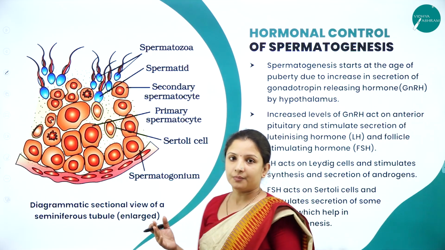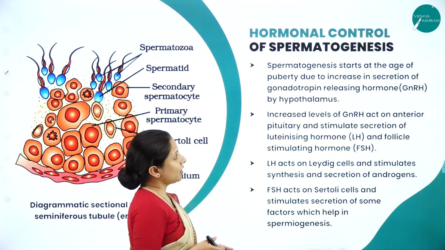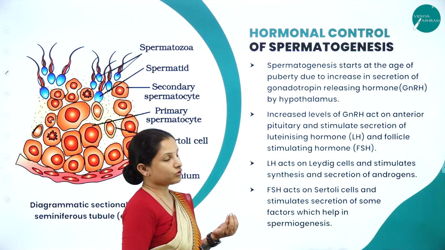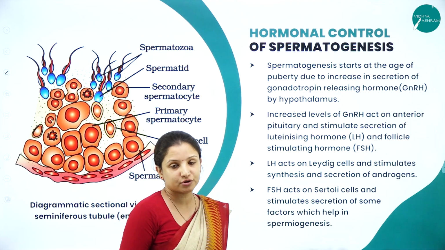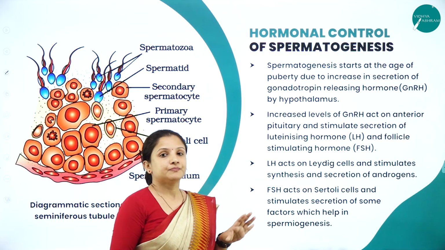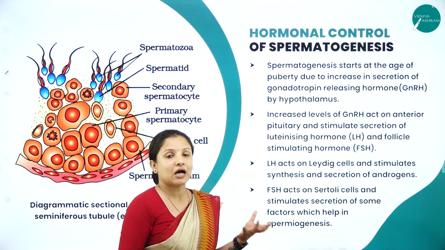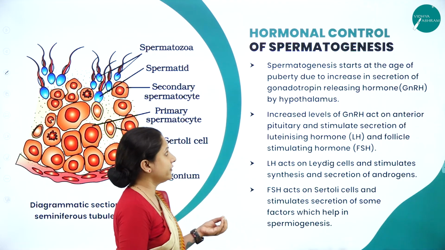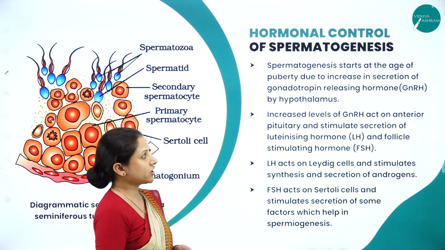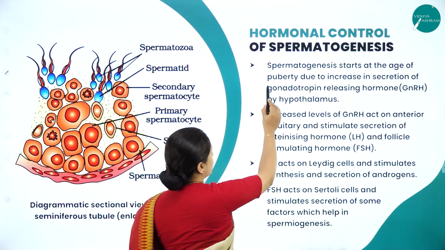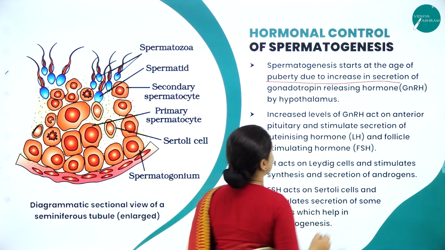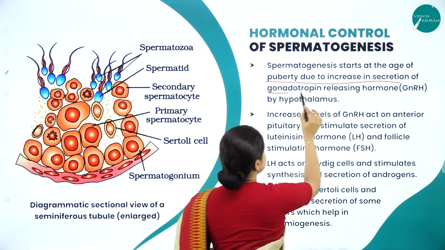So we'll move further. Moving further, let's see what the hormonal controls of spermatogenesis are. During the process of spermatogenesis, some hormones are released. How they are controlled by the hormones is what we will look into. Spermatogenesis starts at the age of puberty due to an increase in the secretion of gonadotrophin releasing hormone.